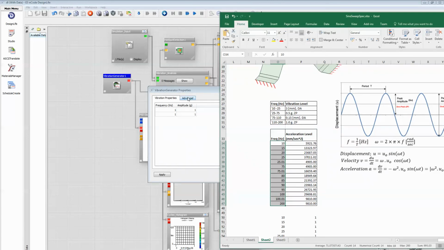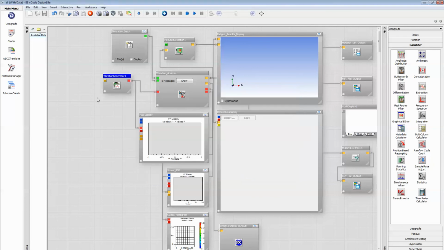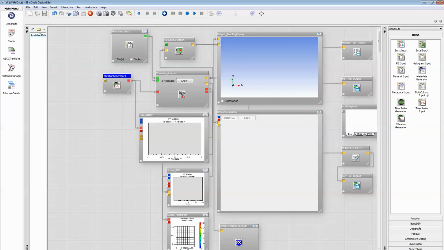Instead of that, for this vibration table, instead of the property tab, we can use the input pipe, so that you notice here where my cursor is, you can see an additional connecting point appearing. Then from basic input we can create a multi-column input glyph here.